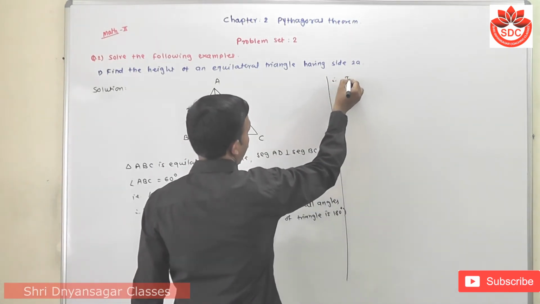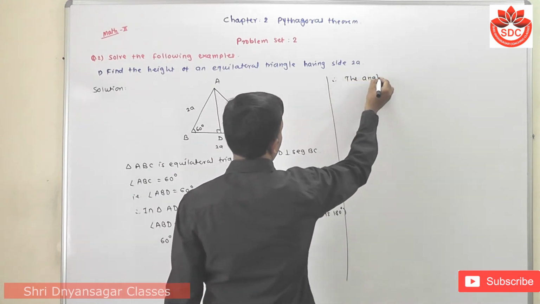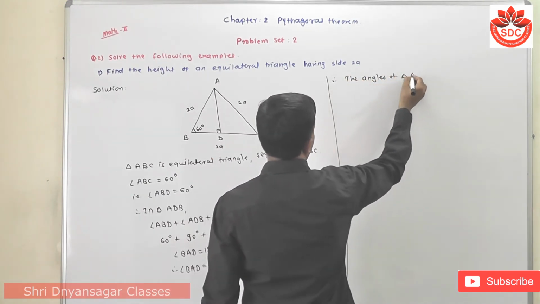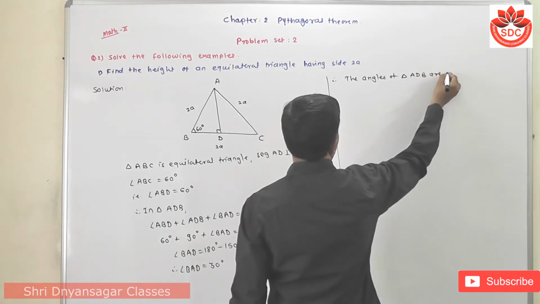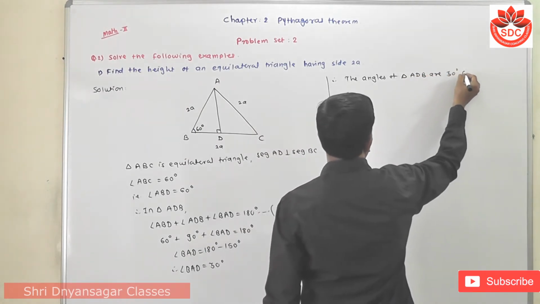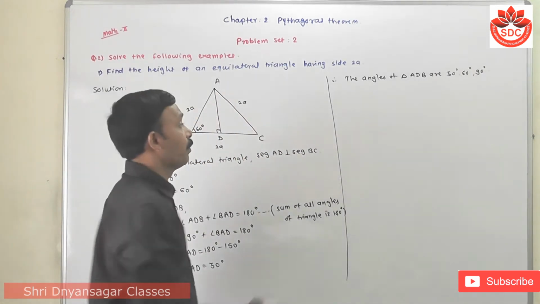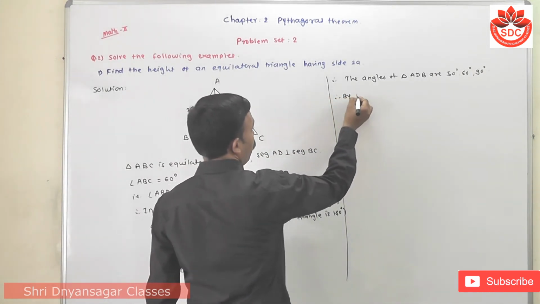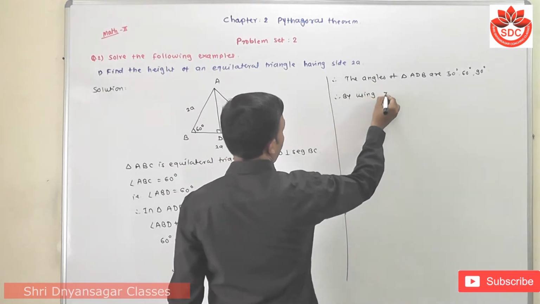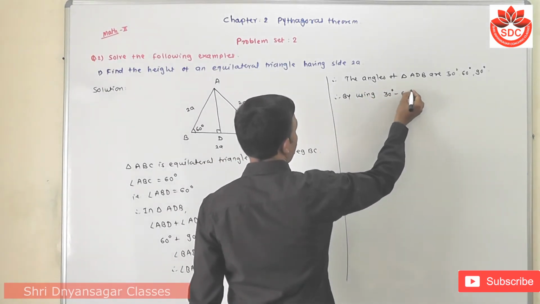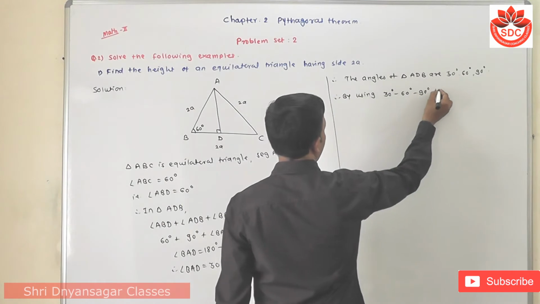Therefore, the angles of triangle ADB are 30 degrees, 60 degrees, and 90 degrees. Therefore, by using the 30-60-90 degree theorem.